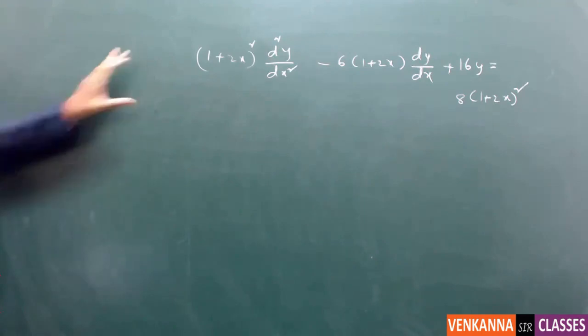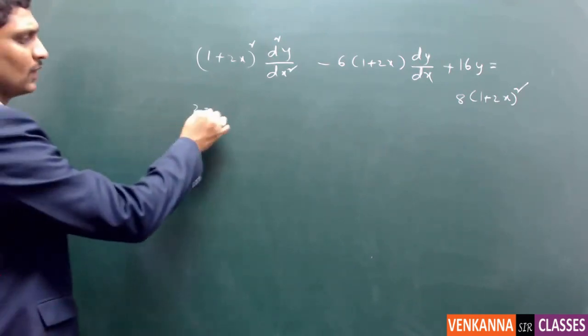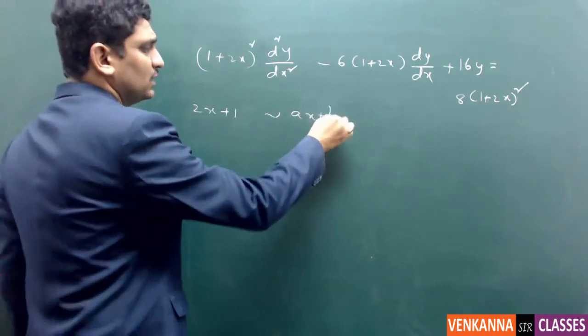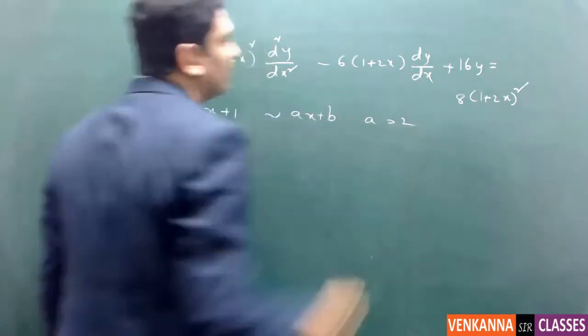If you have applied the formula, 2x plus 1 will be equivalent to ax plus b. So a value is 2 here.